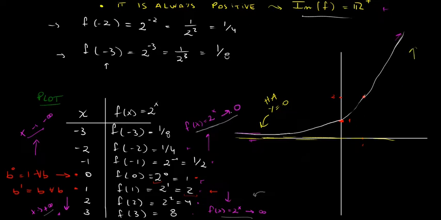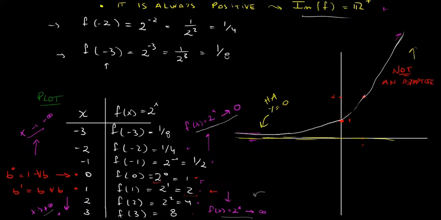But this one, well, this one is not an asymptote. Because our function is well defined for every positive number.